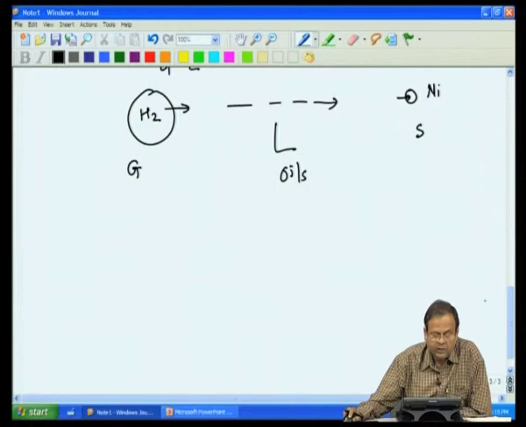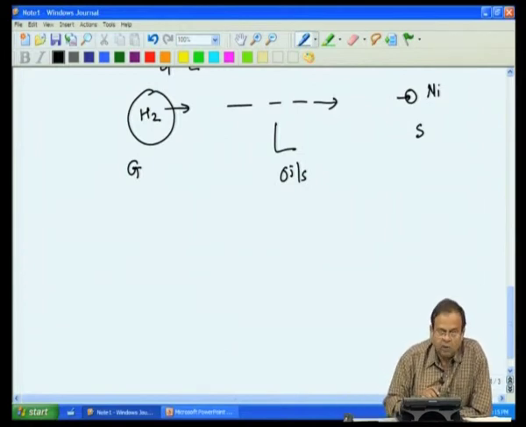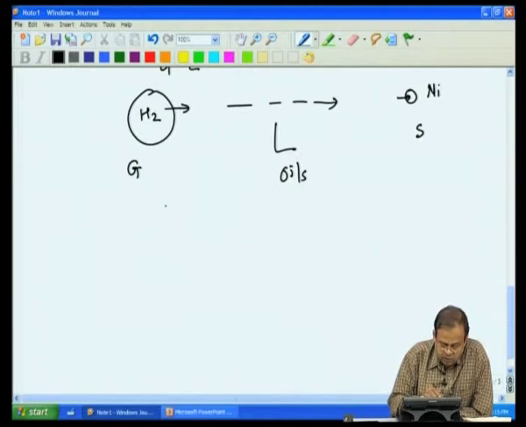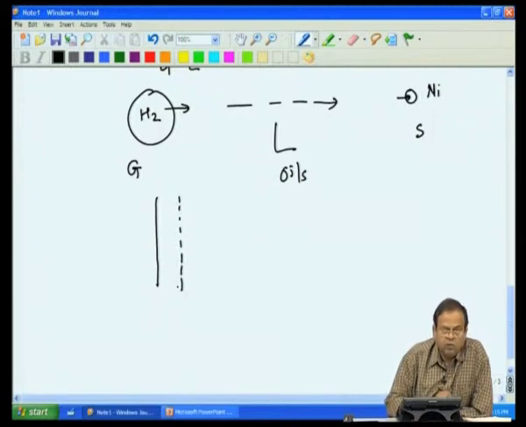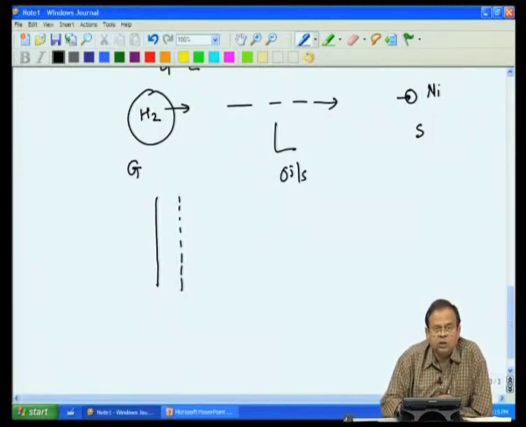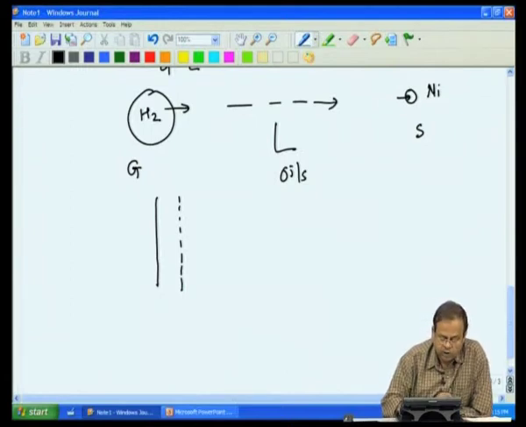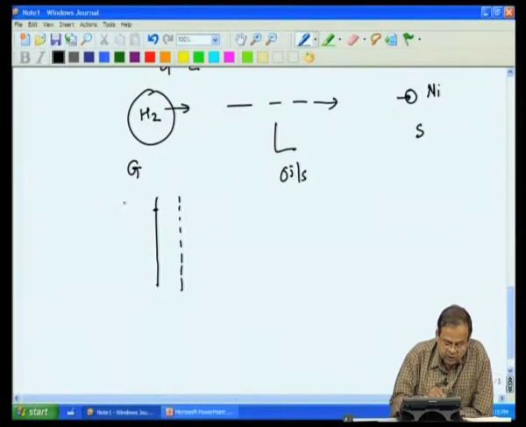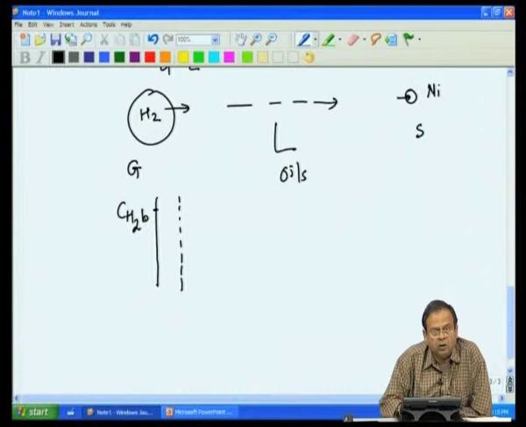So, now to handle these processes, we have a gas liquid reaction. Let us say that we represent this by assuming that this is a gas liquid interface. We will analyze this situation in the framework of two film theory. So, let us say that this is my concentration of hydrogen in the bulk gas phase.